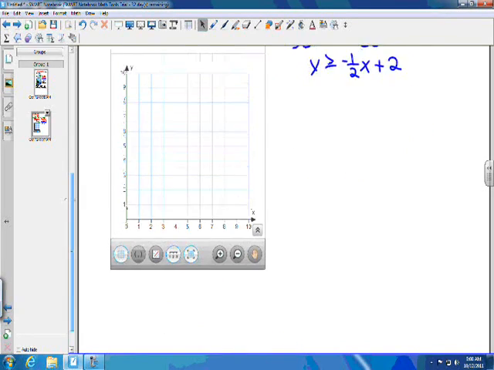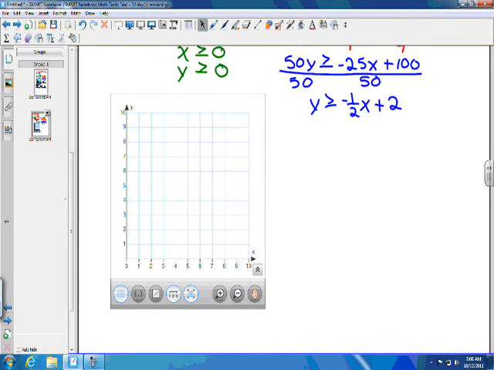So for Y1, if we hit our second graph key, there's a lot of easy points for Y1. You can graph 0, 4, 2, 2, 0 for that one.